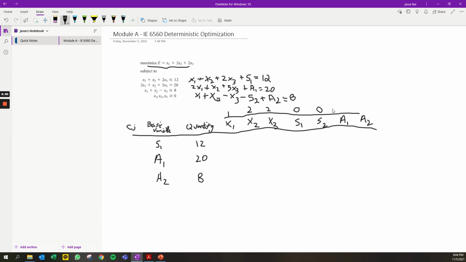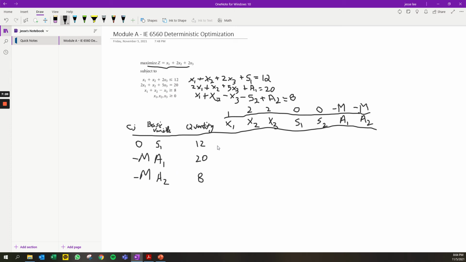In a maximized question, you always do minus M. In a minimized question, you would do a plus M. But here, because it's a maximize, we do a minus M. And then same thing, S1 here, we have 0. A1, we have minus M and minus M.